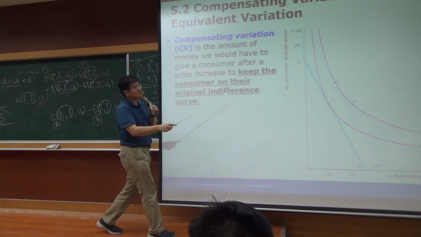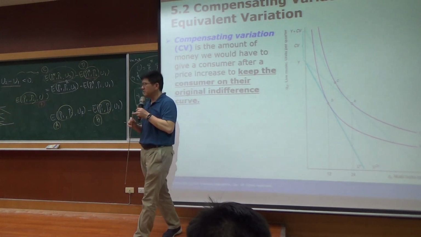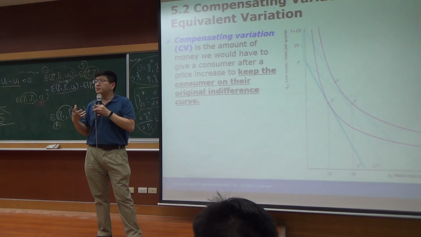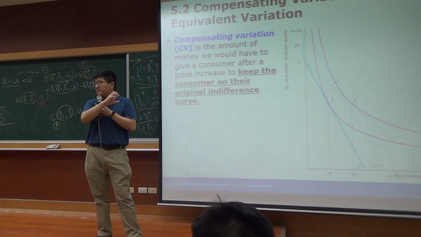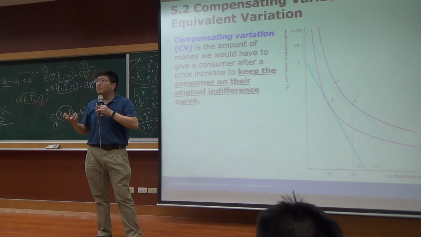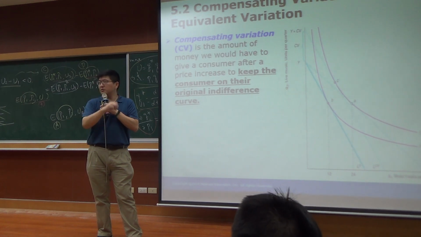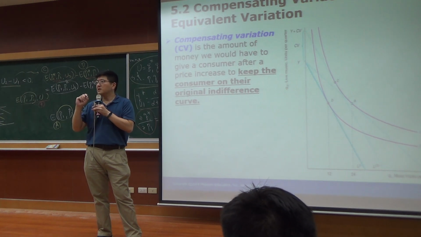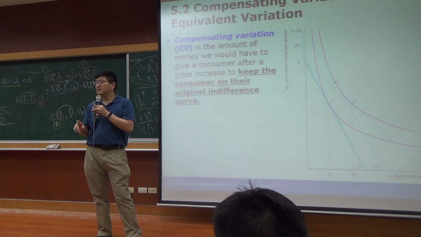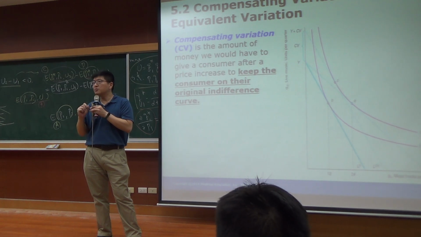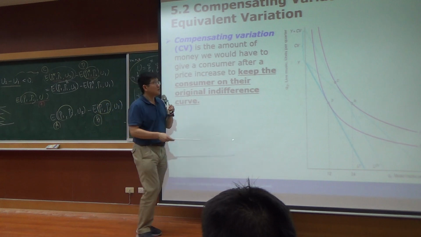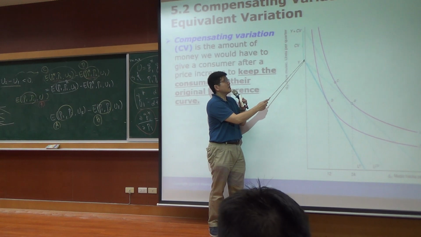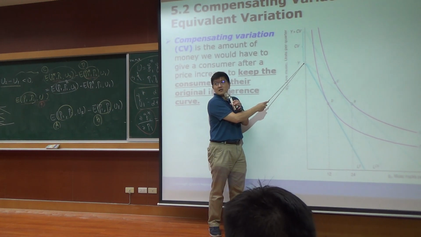Because, once again, because of the vertical intercept, what do you think about the vertical intercept? We may interpret the vertical intercept as follows. If we spend all money on good 2, how many units may we have? How many Q2 can we have? So the vertical intercept is actually the amount if we spend all money on good 2.